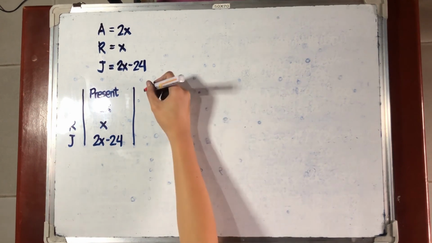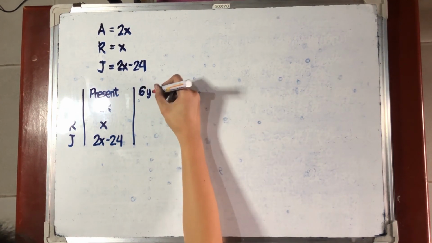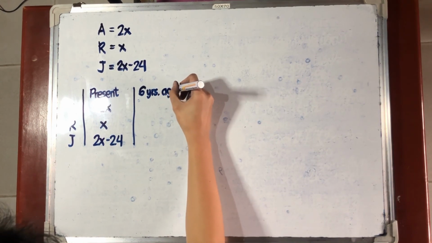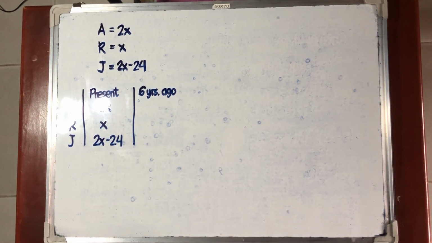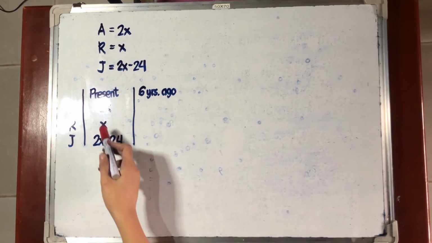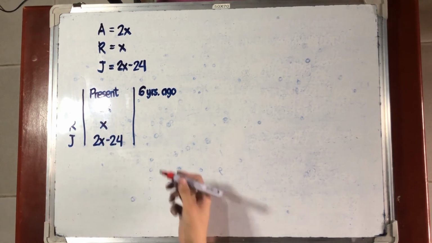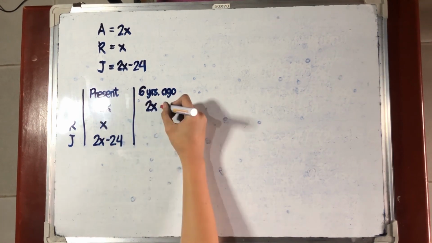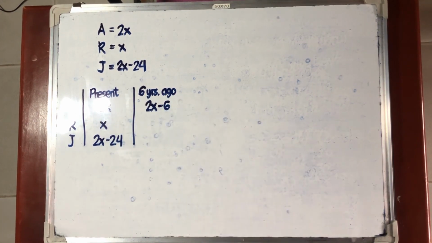So may sinasabi siyang 6 years ago. So don't mind muna yung sinasabi niyang half or whatsoever na mga situations there. Basta may 6 years ago siyang sinabi. So considering these are the present ages of Aris, Rico, and Jake, 6 years ago, is it right to say that their ages is the present age minus 6?